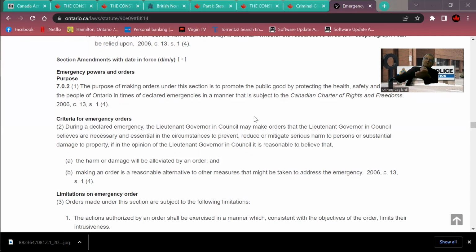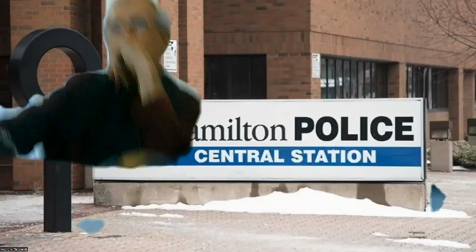So the real target of those doing this to the population are the lieutenant governors of each province or the governor general of Canada, who violated the Criminal Code. Right, which we'll definitely be touching base on in future videos, because our next topic is actually going to be the Emergency Management and Civil Protection Act.